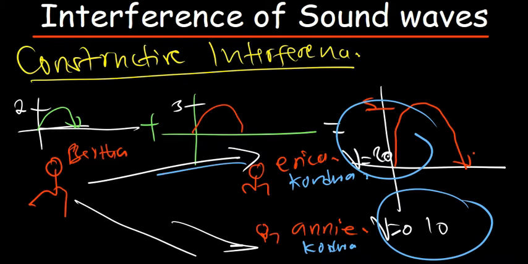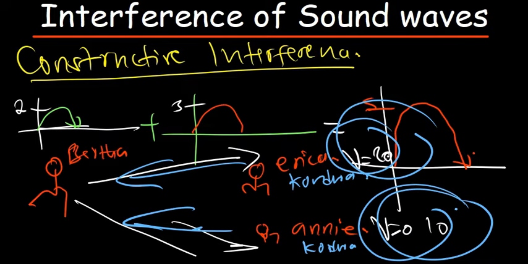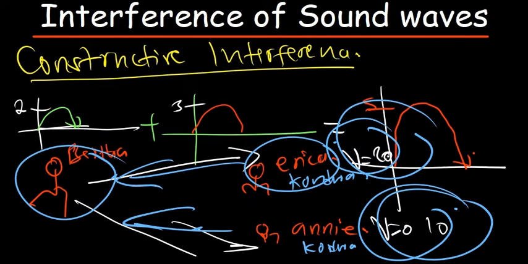As the sound is approaching Betha, these two sounds are going to merge, they are going to construct. So instead of just hearing the volume of 20, you are going to add this and that. So you discover that Betha is going to hear a louder sound than the way it was here, because these two are supposed to add up. That is constructive interference. That's the basic idea behind these two things.